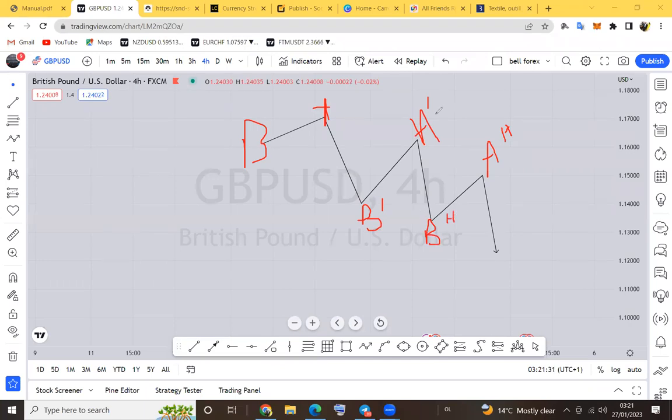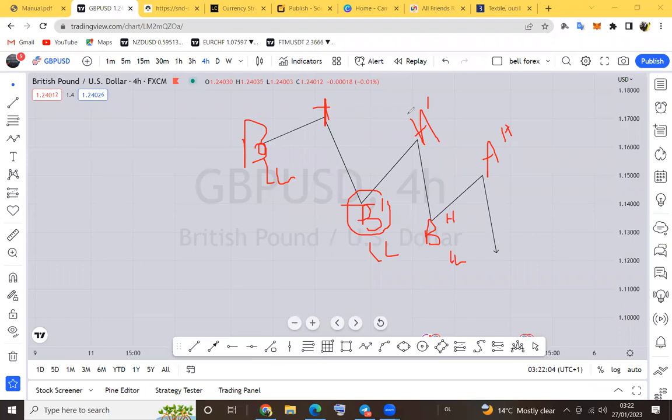As compared to A, B is lower down here. Now, B prime is at a lower point as compared to B, and B prime plus is at a lower point as compared to B prime. So that's why it will be termed lower low, lower low, and lower low.